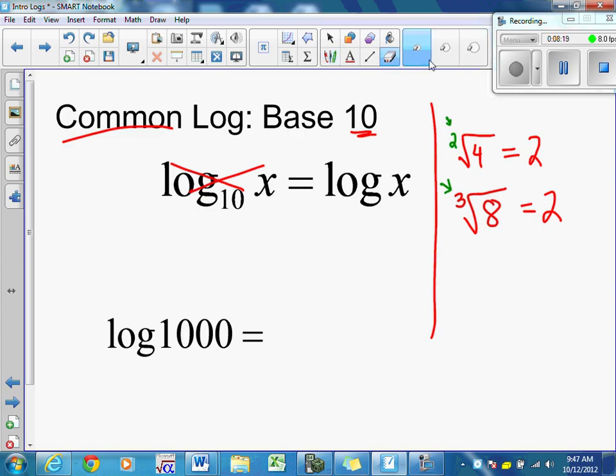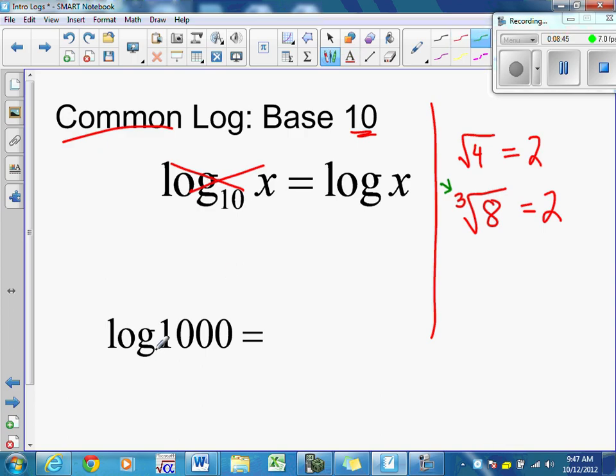But we never put the 2 there because with square root, we all know what it means when there's nothing there. It means 2, square root. Same thing's true with the common log. When there's nothing there, we all know that means 10. We don't have to write it because we all know when nothing's there that it means 10, just like the square root. So let's look at an example.